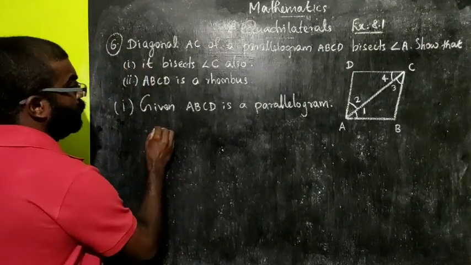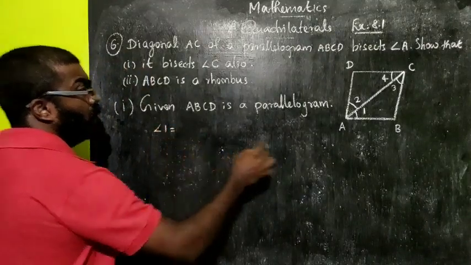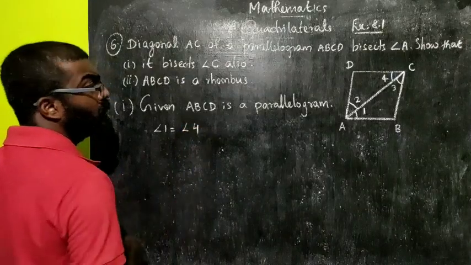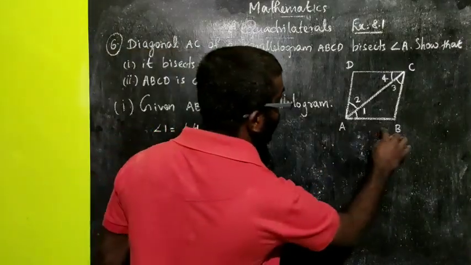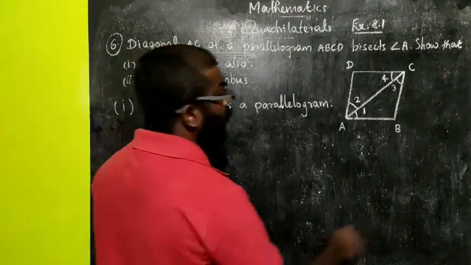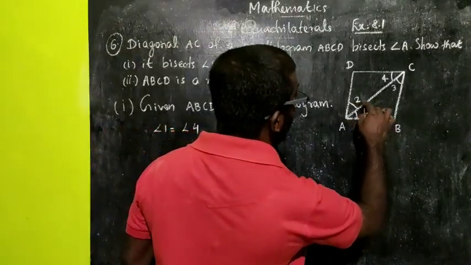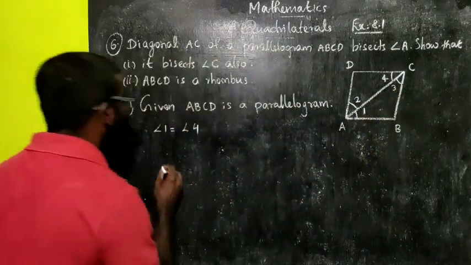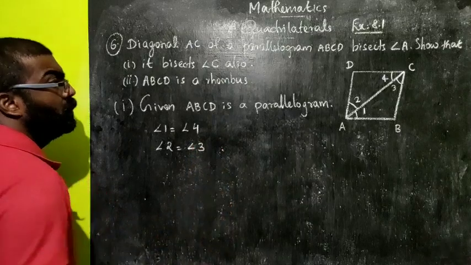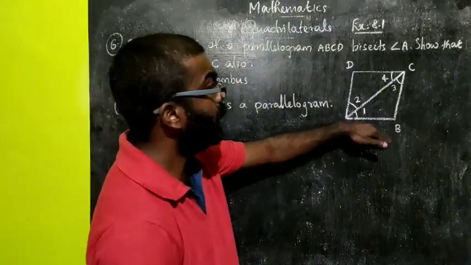So we can write angle 1 is equal to angle 4. Alternate interior angles. Since AB and DC are parallel. Opposite sides are parallel. And angle 2 is equal to angle 3. I repeat. Here AB parallel to DC.